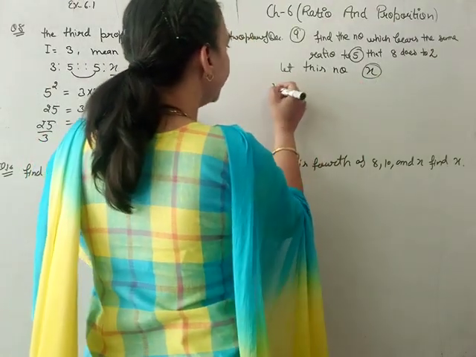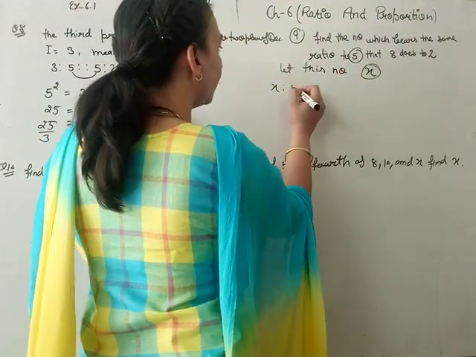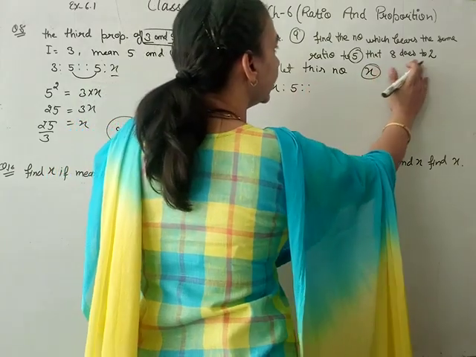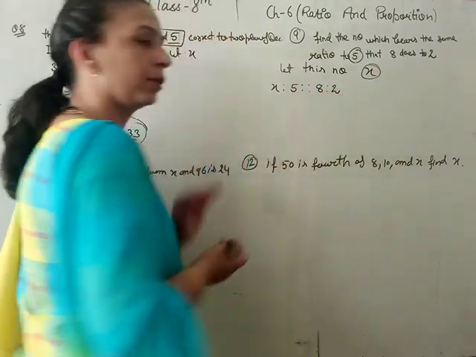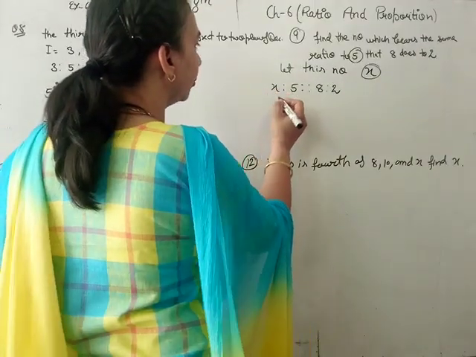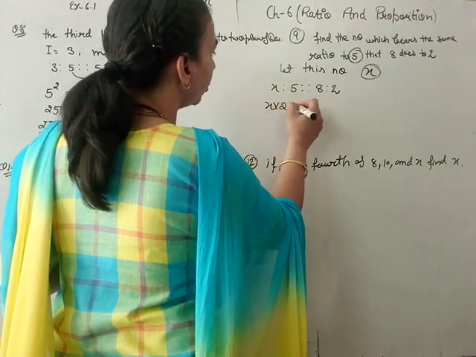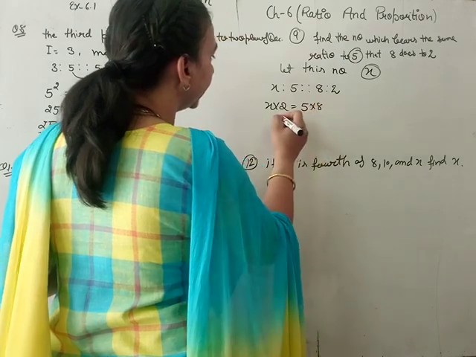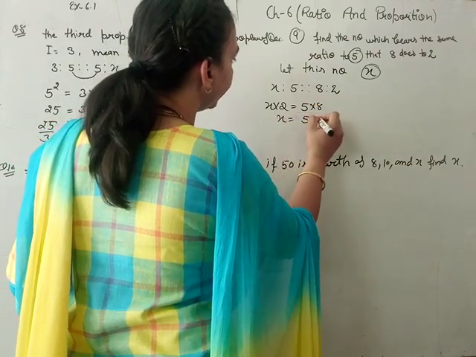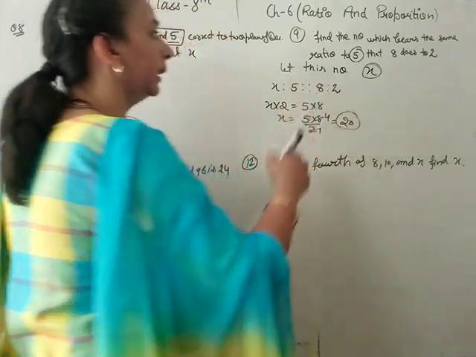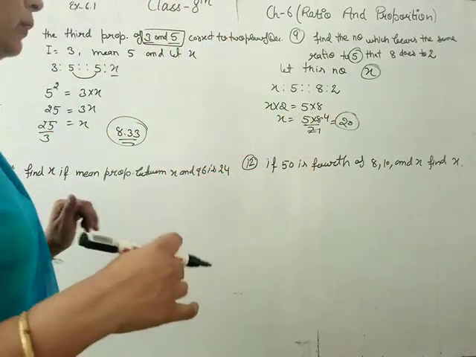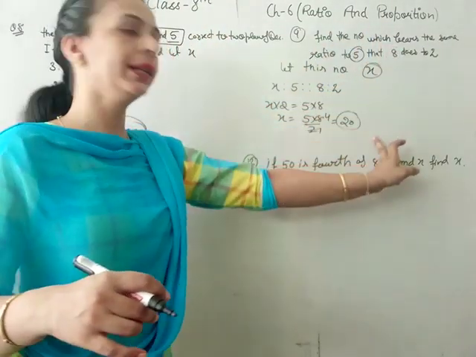Then x bears the same ratio to 5 that 8 does to 2. That means 8 ratio 2. We find the value of x. Then x multiplied by 2 equals 5 multiplied by 8. Then x equals 5 multiplied by 8 by 2, 2 ones are 2 and 2 fours are 8, 5 fours are 20. Then the value of x equals 20. Then that number is 20.